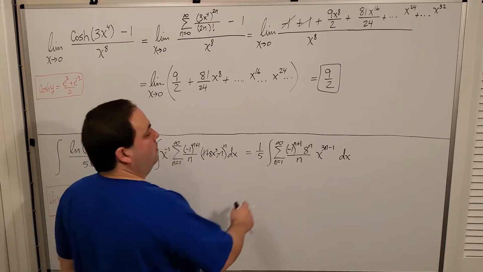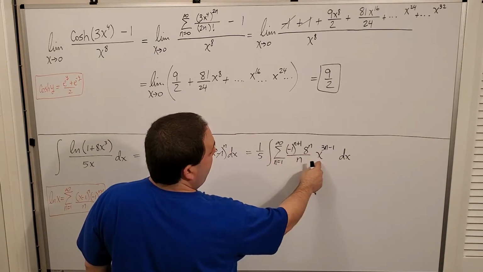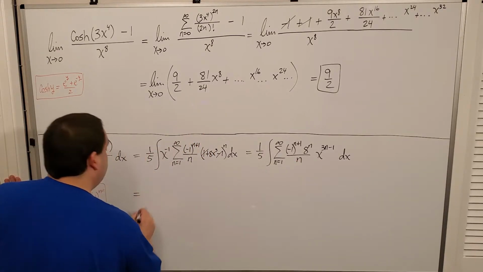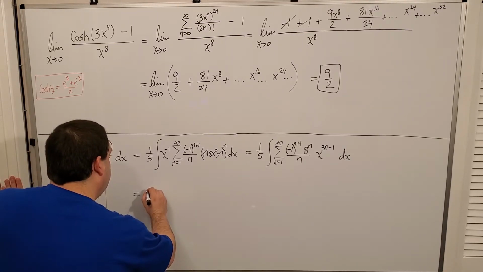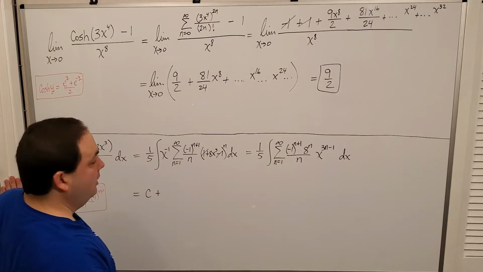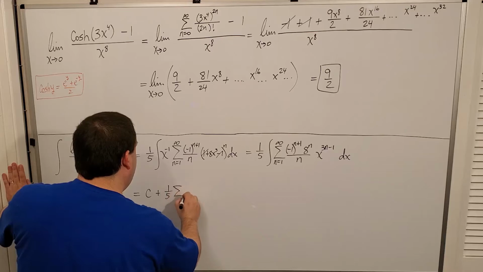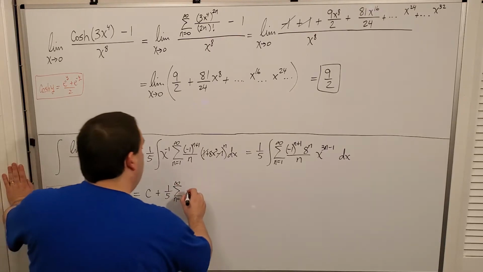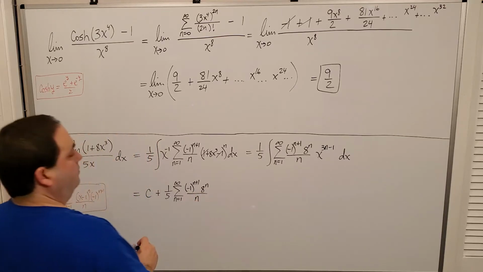Okay, so now this is in a form that I can do an antiderivative, the integral of the x portion here. So then what I'll do is, since I'm actually doing the antiderivative here, I'll go ahead and put c plus, right, for my integration constant. 1/5 times the summation from n equals 1 to infinity. And I have -1 to the n plus 1, 8 to the n, all over n, right?